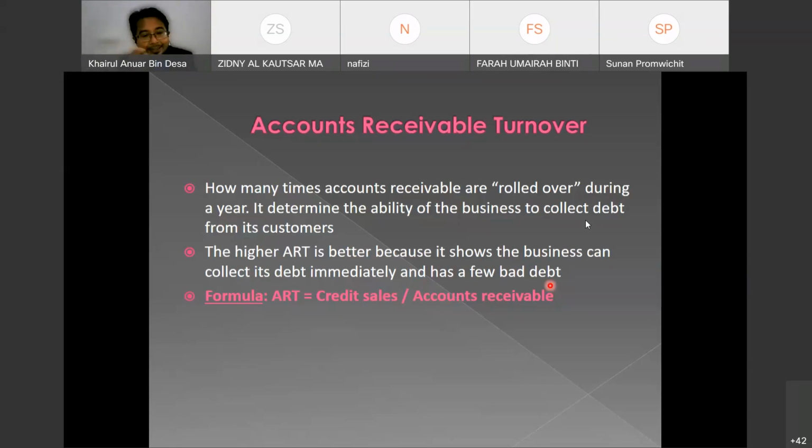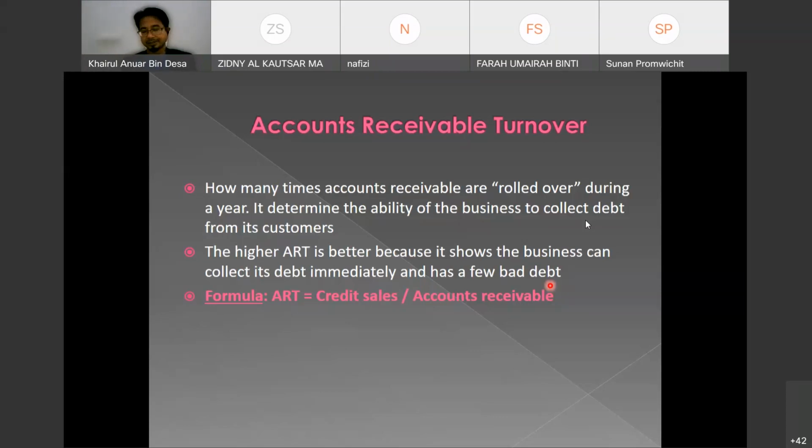kutipan, collection department. Akan ada company yang menjual, okay, let's say the sales department really good. Mereka jual kredit. Really good.